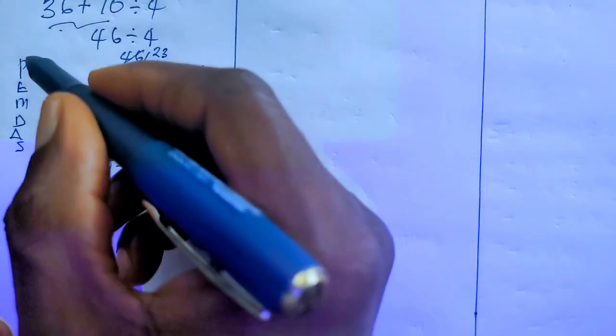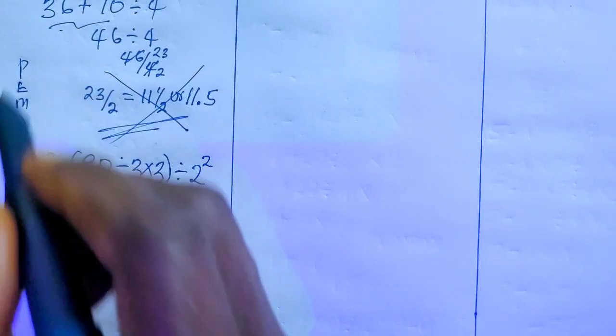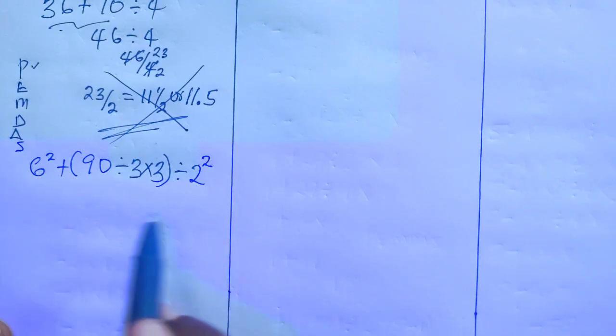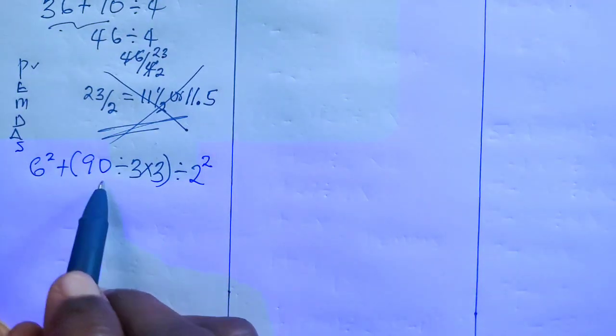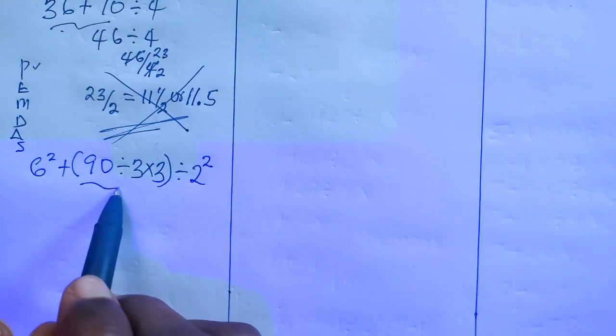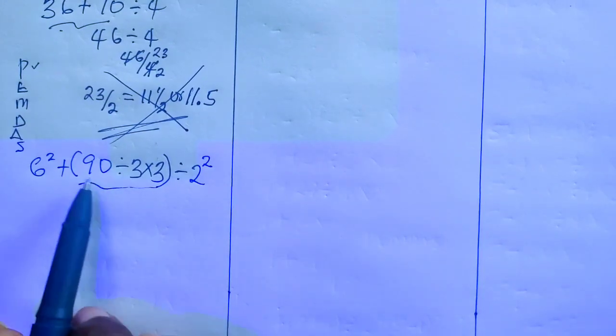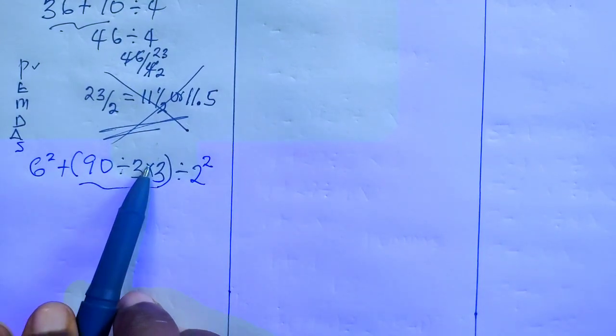Now, following this PEMDAS rule, first we are going to consider parentheses here in this expression. We have parentheses. We need to first of all simplify the term inside the parentheses. And inside these parentheses, we have division and multiplication.